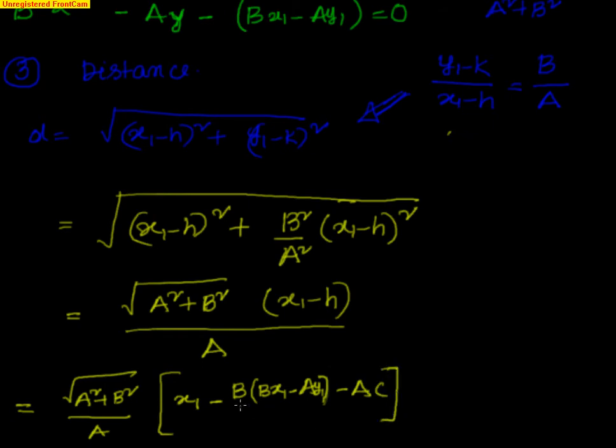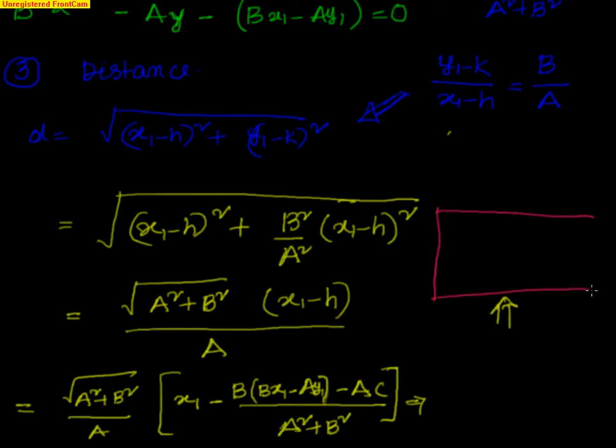This is nothing but x1 minus h, over a square plus b square. Now let us simplify this and that will give us the answer. We are going to reach there, right? Okay, right. Now let's see how this is going to simplify. Let me just move this side.